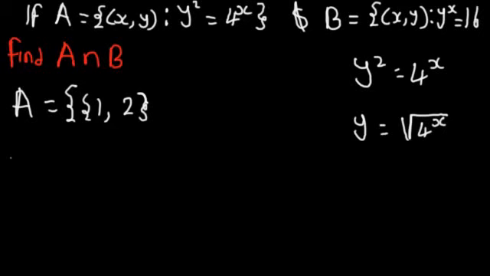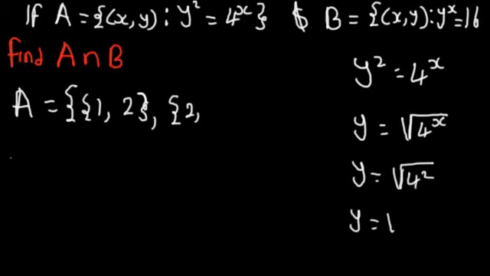Now, when x is equal to 2, what will be the value of y? y will be equal to the square root of 4 squared. And y will be equal to the square root of 16, which is equal to 4. So the value of y will be equal to 4.